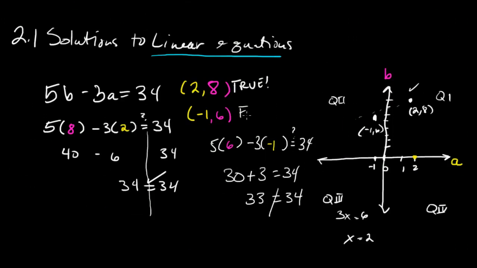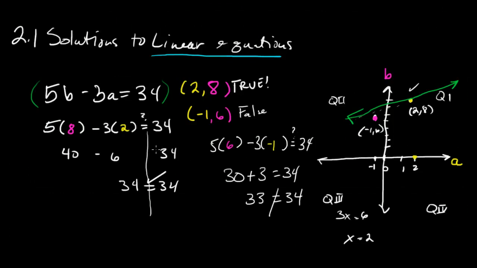So this statement here is false, which means the line that goes through 2, 8, and that's true, and here's our other one at negative 1, 6. The line that definitely goes through that point there and is described by this equation will not pass through it. Maybe that's what the line looks like, I'm not sure, but we know for sure that it does not pass through negative 1, 6.